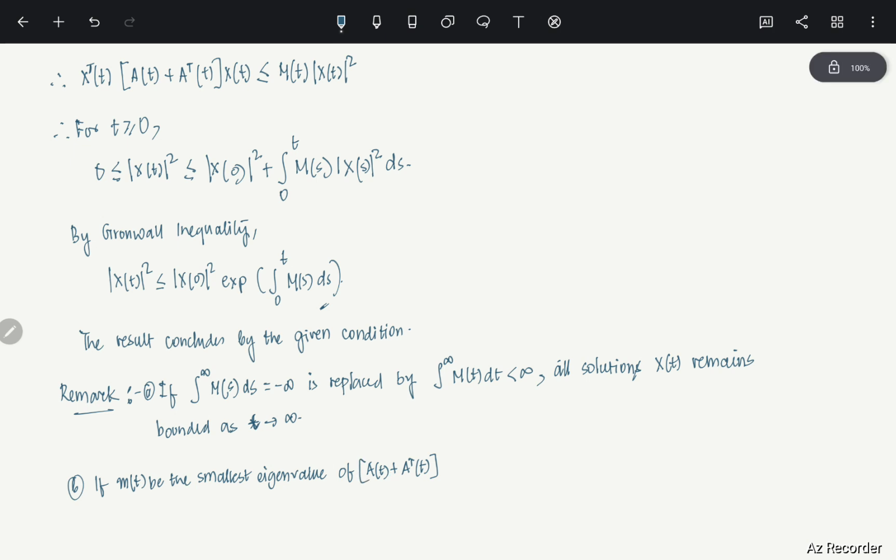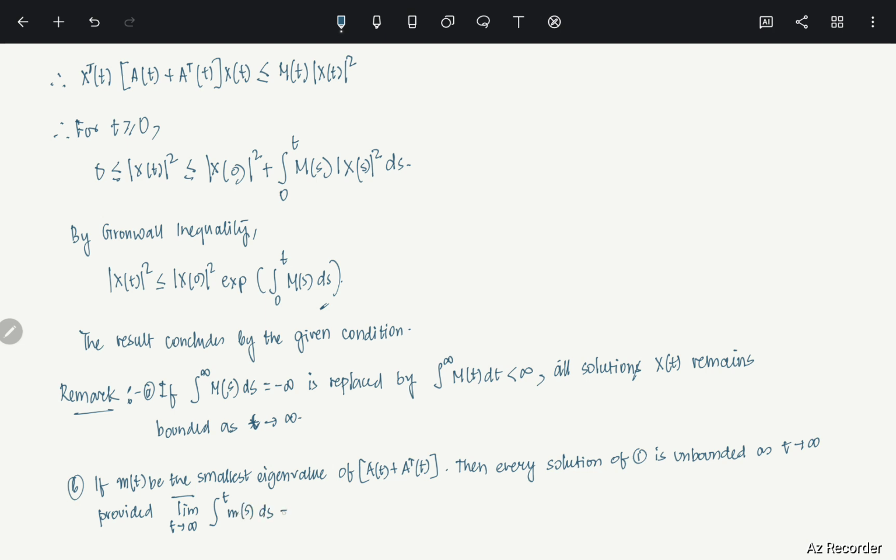Yes, if this is the case, then a beautiful thing happens: every solution of (1) is unbounded as t tends to infinity, provided the lim sup as t tends to infinity of the integral of m(s) ds goes to infinity.